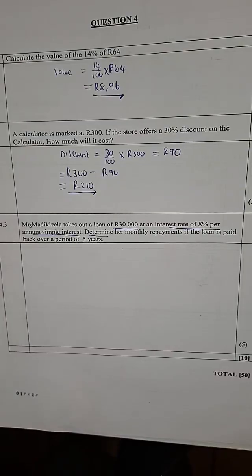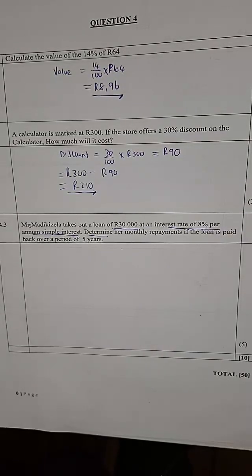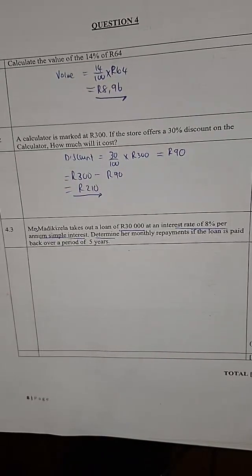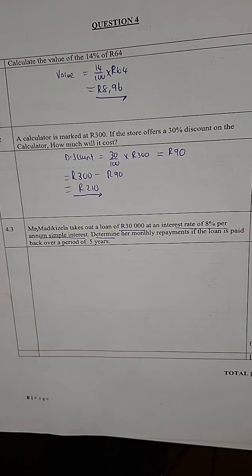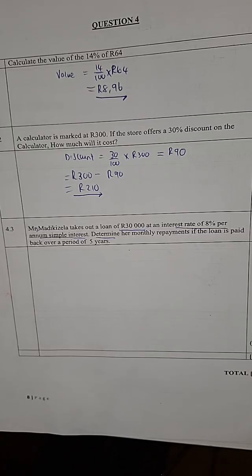It would make total sense if we said her, right? So let's reread again. Mrs. Madikizela takes out a loan of 30,000 Rand at an interest rate of 8% per annum, simple interest. Determine her monthly repayments if the loan is paid back over a period of 5 years.